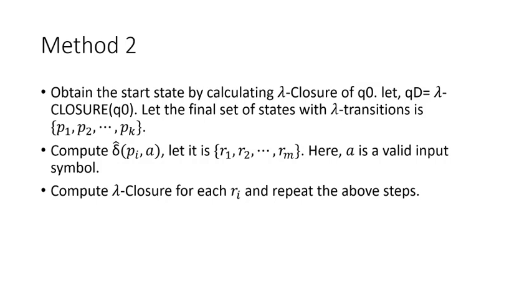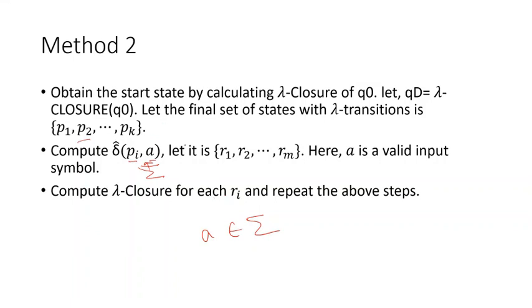Then we have to find if there is a possible transition from any of these states, suppose Pi, with a non-lambda transition. Suppose A may be any arbitrary symbol from the input symbol set sigma. So A belongs to this set.